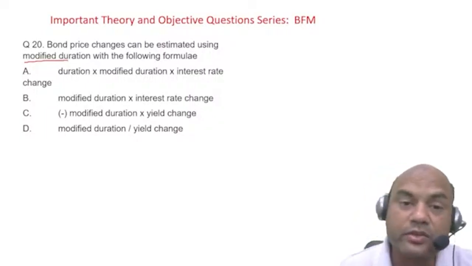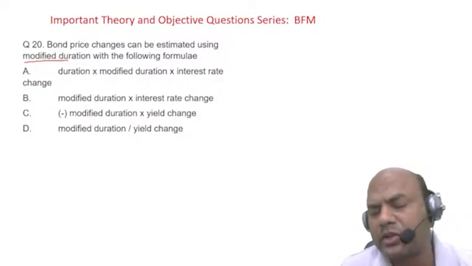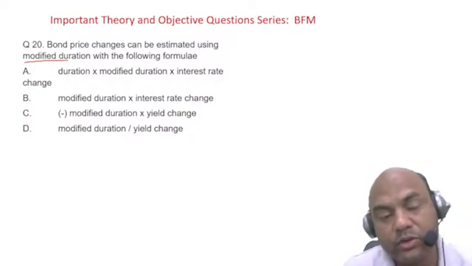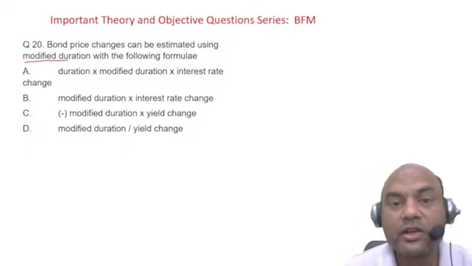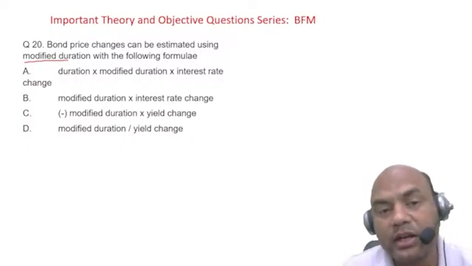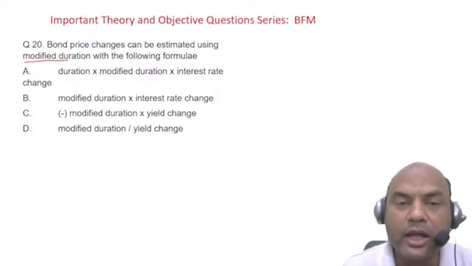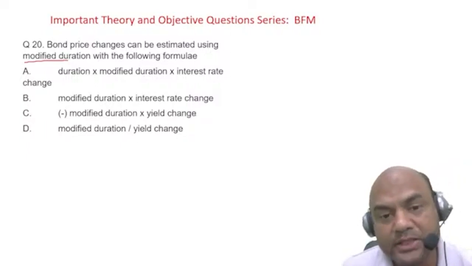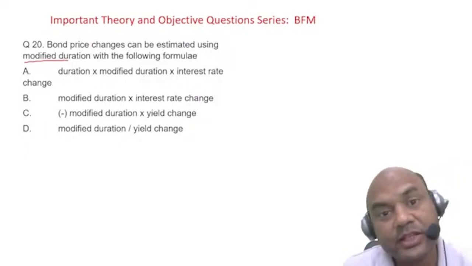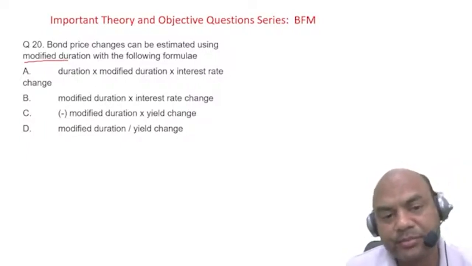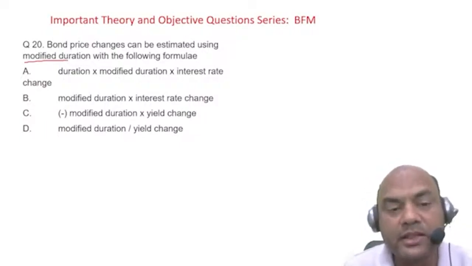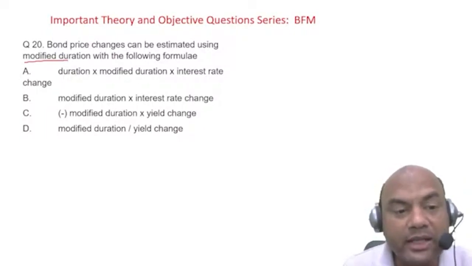Remember the first question in today's series? There was a major hint given to you about this question. Go back, pause this video, go back. What was that hint? The price of the bond and the interest rates move in which direction? Same direction or opposite? This was a hint. When I am saying that it is an opposite direction, it means the answer will be minus.